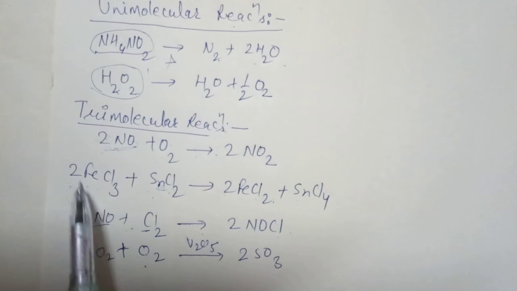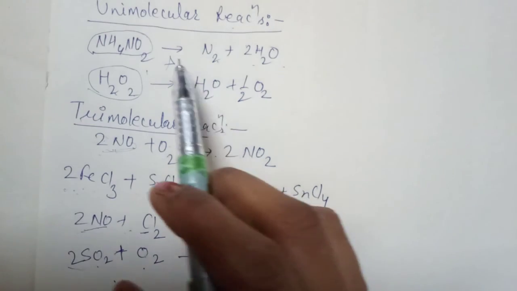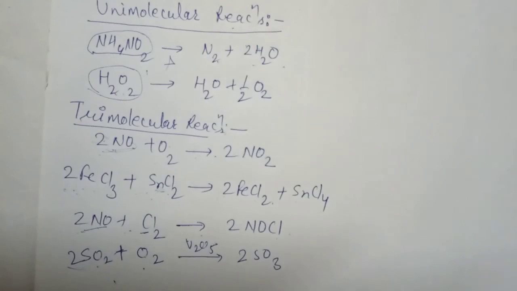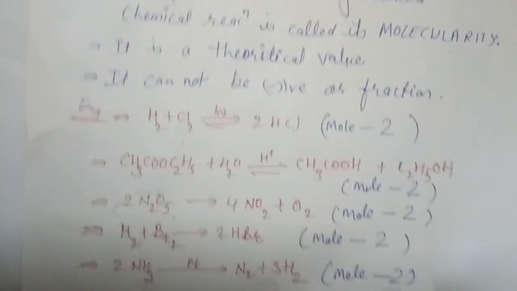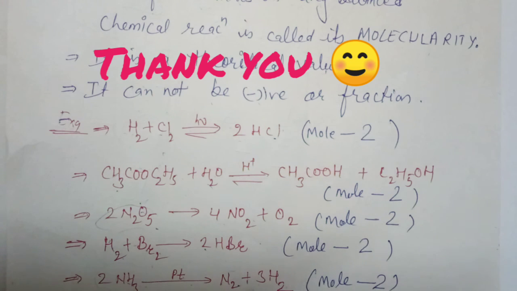So these are the trimolecular reactions in which molecularity is 3. Those were the unimolecular reactions, where molecularity is 1, and the bimolecular reactions, where molecularity is 2. Generally the molecularity of any reaction is at most 3. Reactions in which the molecularity is more than 3 are always complex reactions.